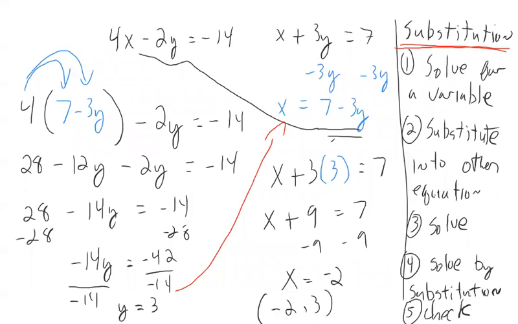Now, I'm going to do the elimination method, which I like to call the add subtract method. And I'm going to use the same equations, just so you can see that you get the same answer. So 4x minus 2y equals negative 14. x plus 3y equals 7.